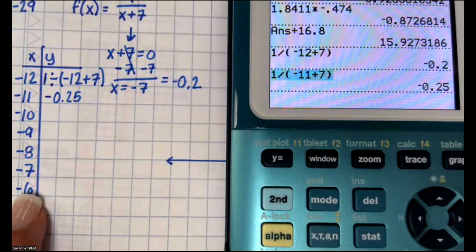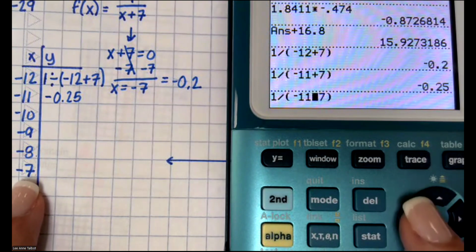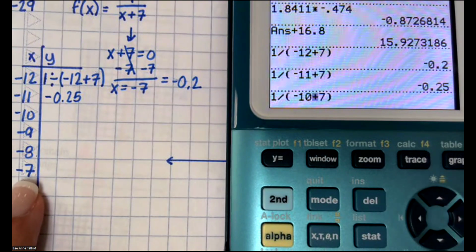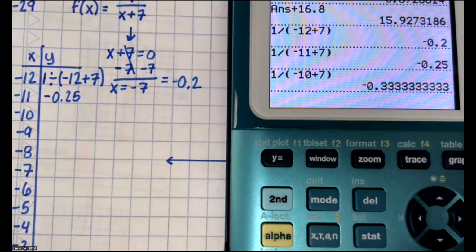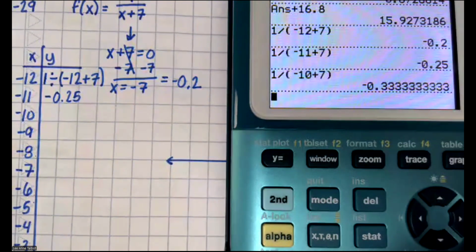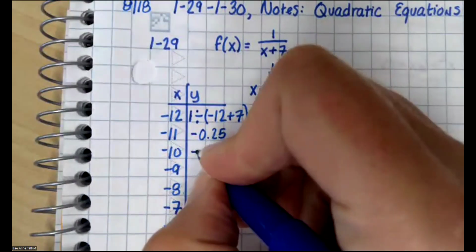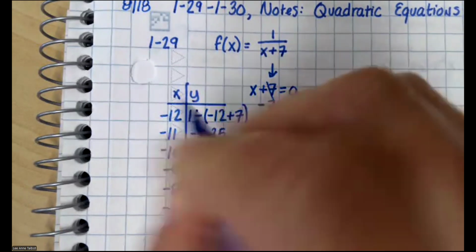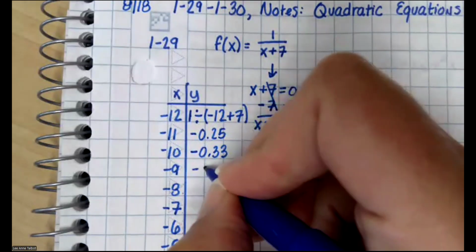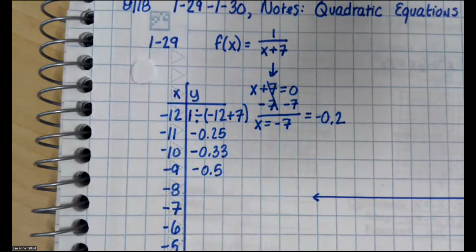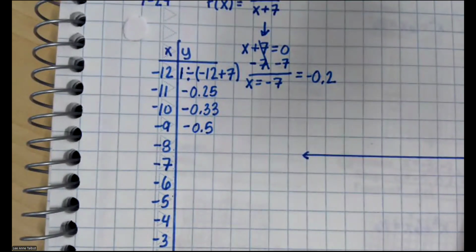Scroll up, enter, negative 10, negative 0.33. Okay, keep going on your own or in your groups. Fill out the table, please. You can definitely talk to each other. Correct. Excellent.